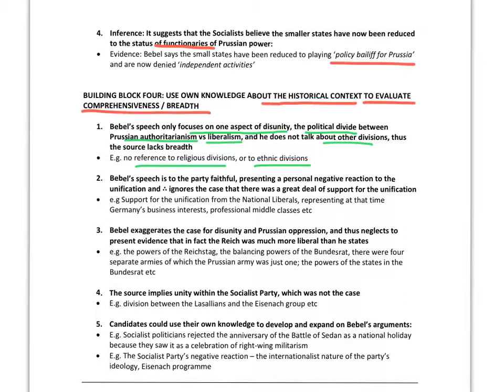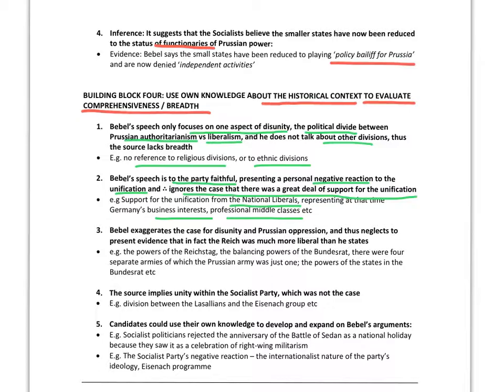Secondly, Bebel's speech is clearly addressing the party faithful. He's getting a lot of laughter, presenting a negative reaction to the unification. So he inevitably is not going to say that there was a great deal of support, but you know that there was a lot of support for the unification, and in particular the support came from the middle classes, the businessmen, the professionals, and that was reflected in the National Liberals.